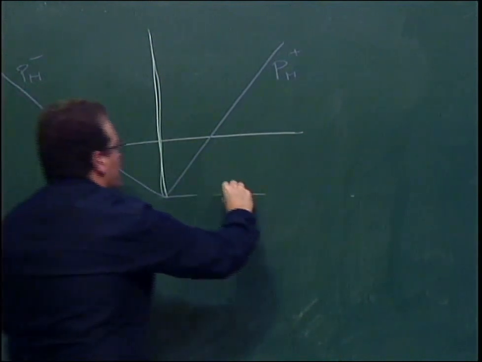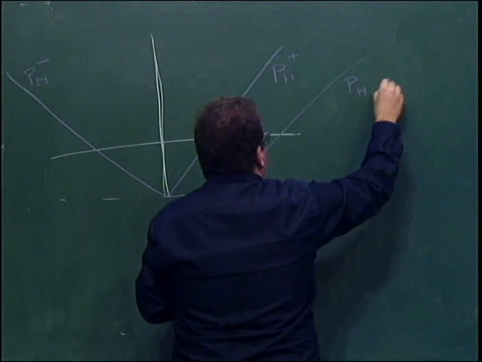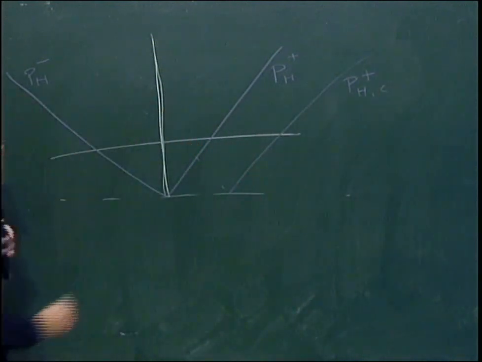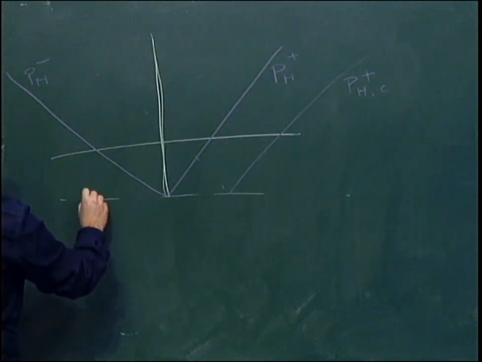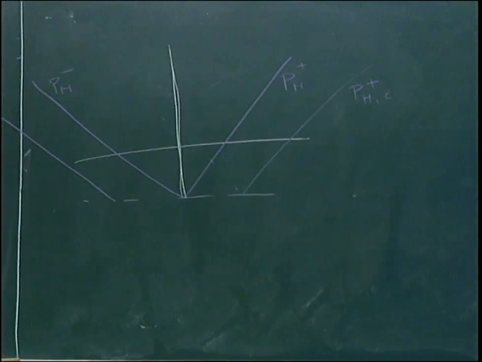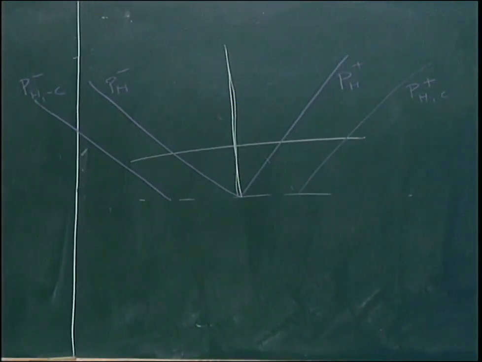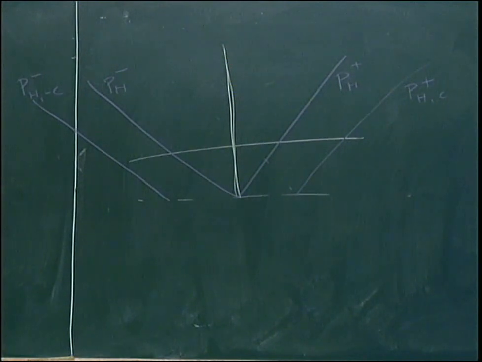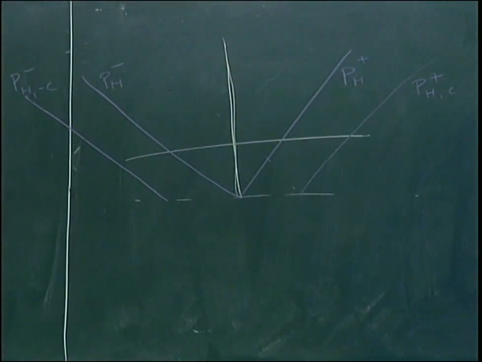You have also these other planes here, PHC plus, PHC minus, and PH minus minus C. So the first thing I am going to show is that since the boundary stays at this distance C from the y equals 0 line, the whole surface must stay inside this region bounded by this plane, this horosphere, and this other plane. These are hyperspheres of constant mean curvature H. I forgot to mention that.